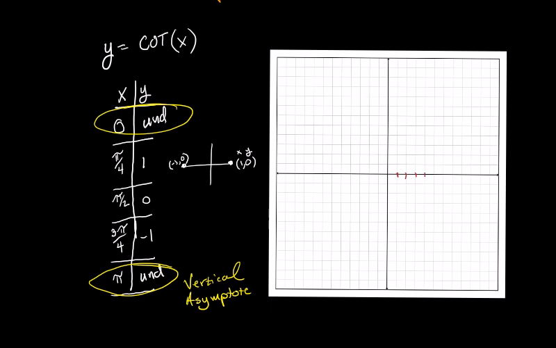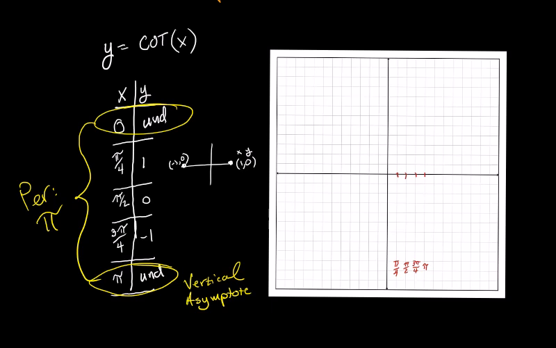Once again, the period is not 2 pi like sine and cosine, but just pi.